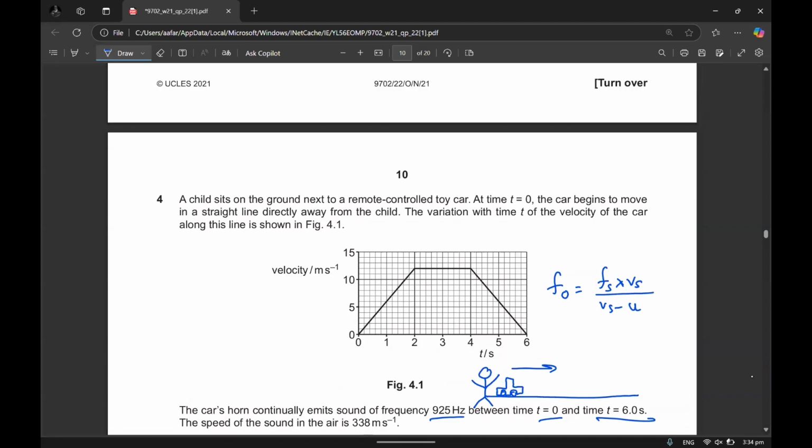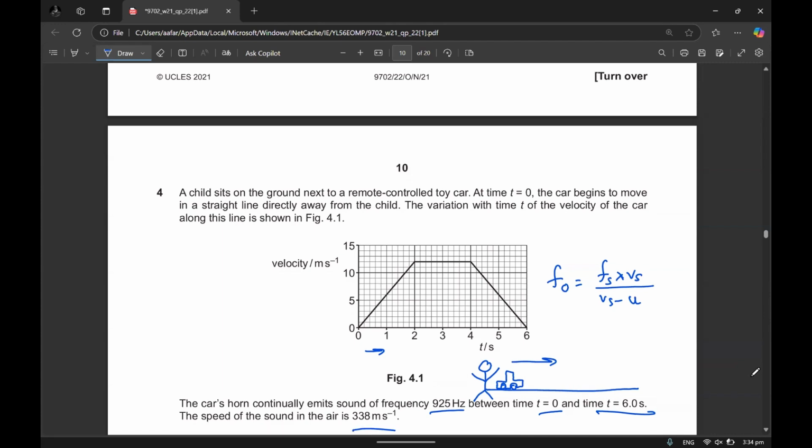But as time goes, the velocity is increasing. Since the source is going away, it's going to be plus in the denominator. So the velocity of the car is increasing, so this whole term is going to increase.